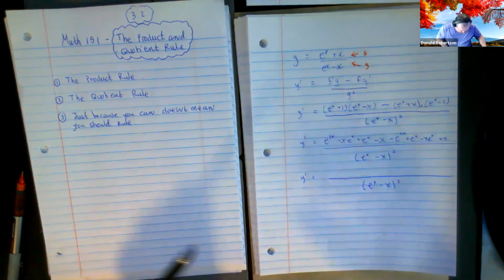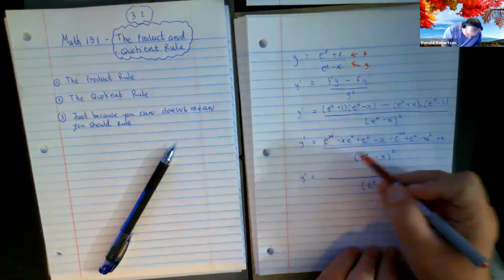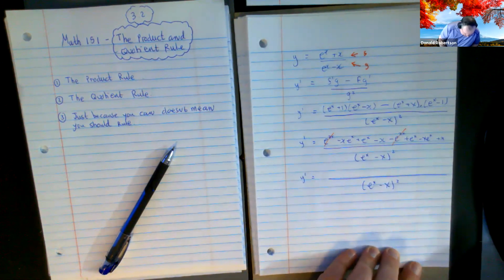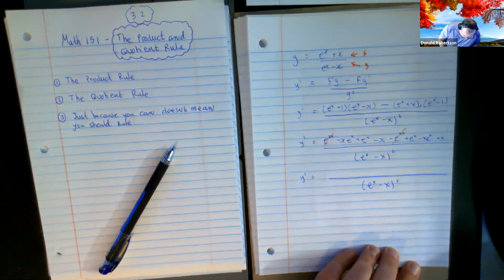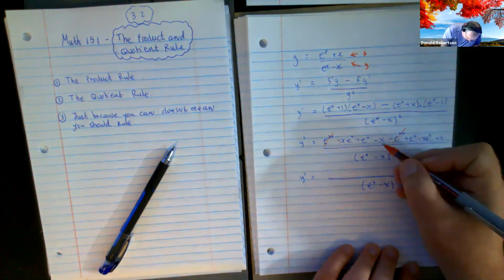Okay, with a bit of luck, there should be some major carnage going on here. Right, let's see who gets killed. Would you agree e to the 2x gets killed? Anything else in that list that's going to die? x. Okay.